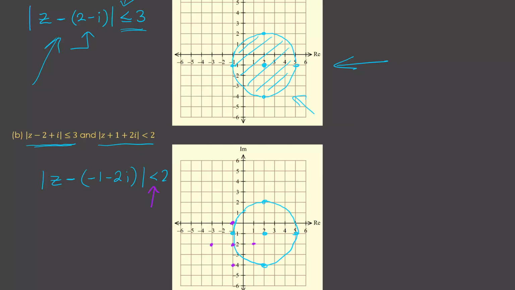Now this one is a strictly less than. So what we need to do is draw our circle with dashed like that. And if we look at the inequality, it's inside this circle and inside that circle. So we're talking about this region just here.